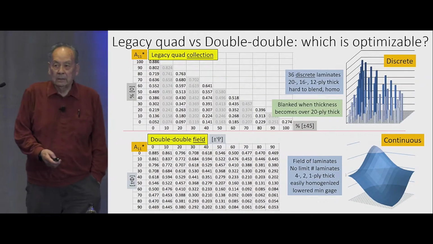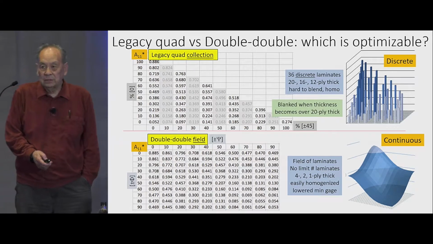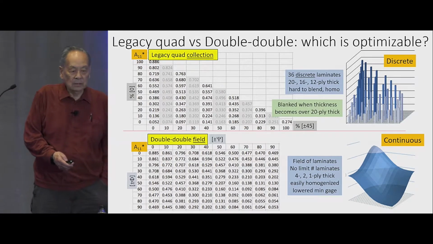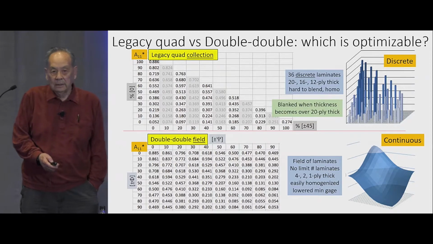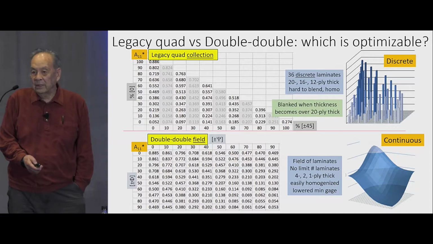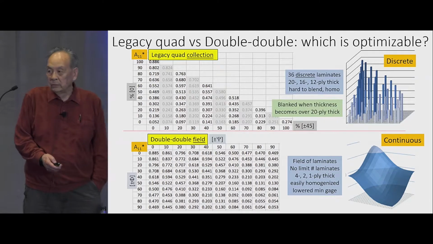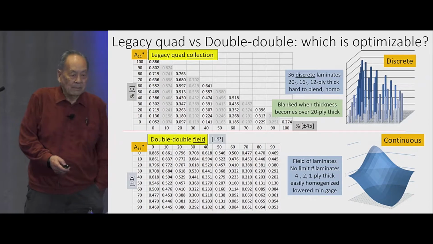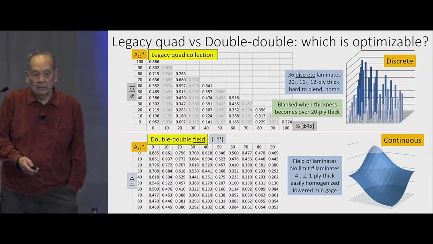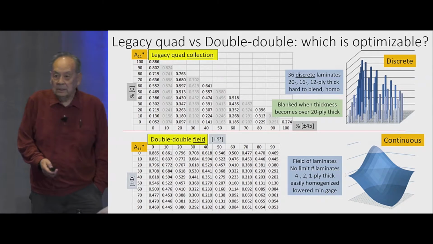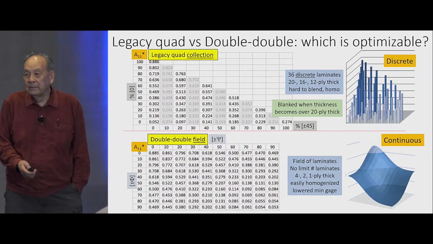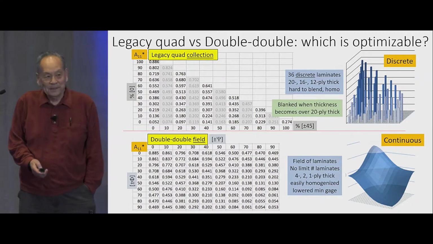In this slide above is the traditional quad we talked about. And you can see on the right-hand side, it is a discrete system. It's a collection of systems. So we are proposing to replace it by what we call a double-double. It's like the hamburger you can get at In-N-Out. And they got it before we did.